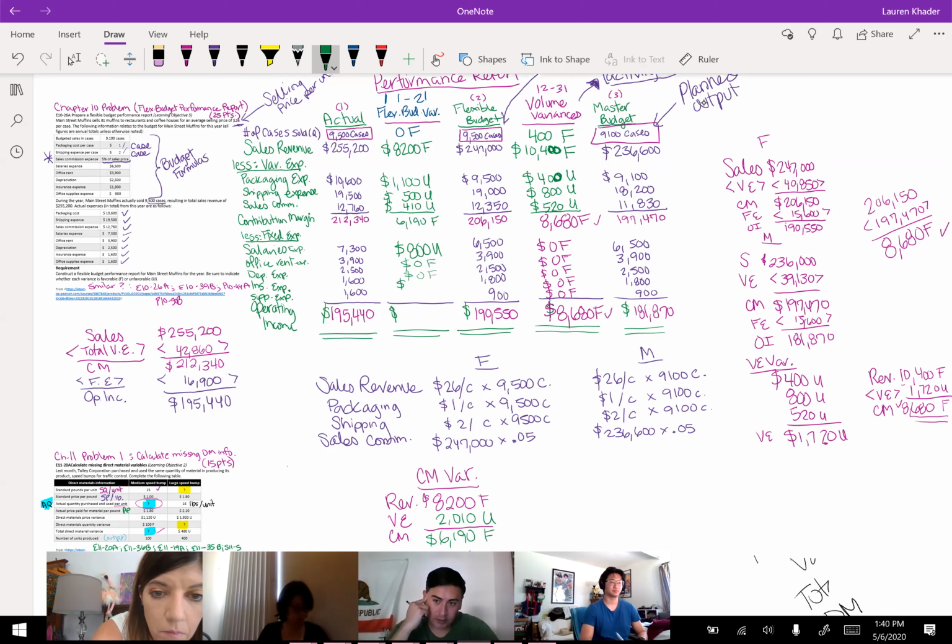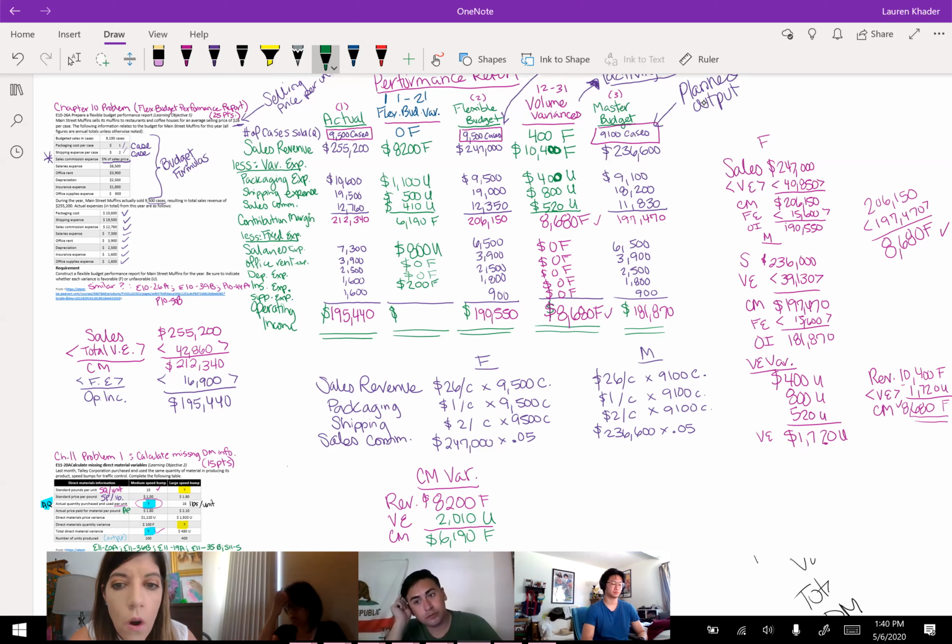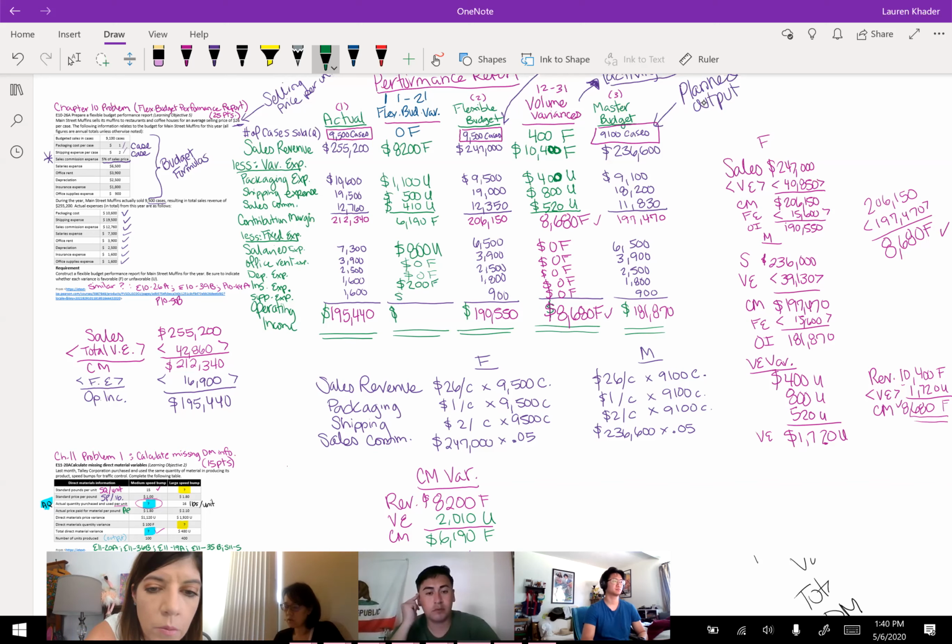So maybe they lost some employees. That's why their insurance expense went down. Maybe they just got a rate reduction, which is strange. For supplies expense, they used a lot more supplies than they were expecting. 700 unfavorable.